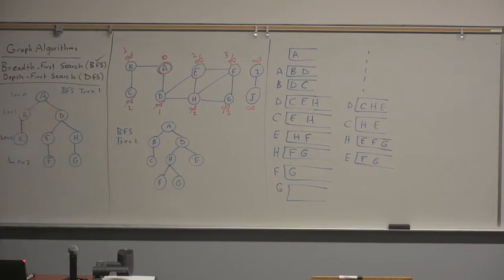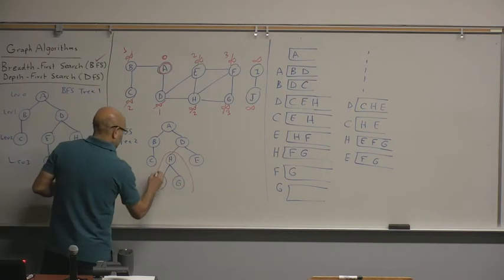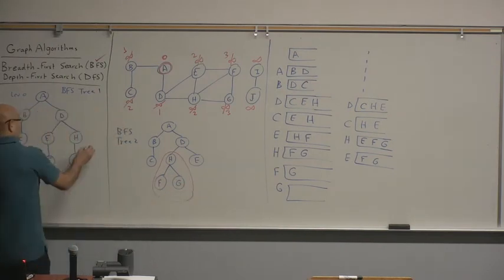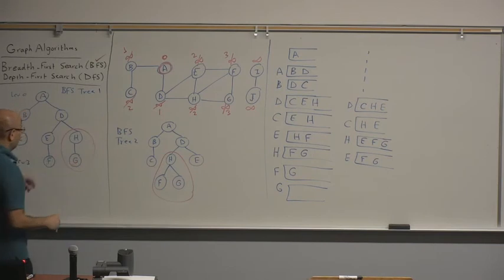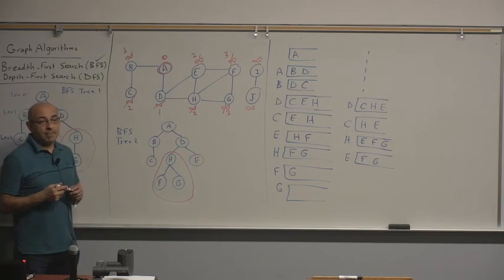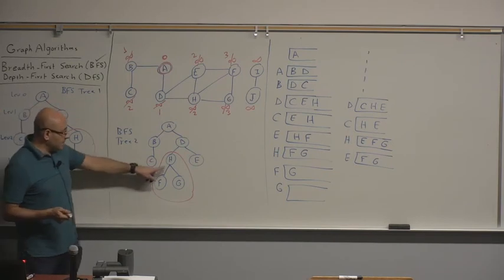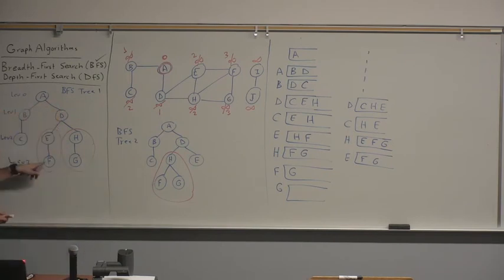They are different. The only difference is here. The children of H here are only G. Here we have F as a child of E. So basically the only difference is the parent of F. Here the parent of F is H. Here the parent of F is E. But the distances are going to be the same.